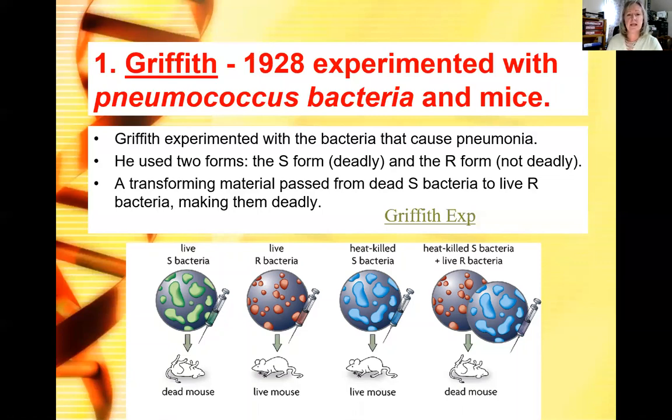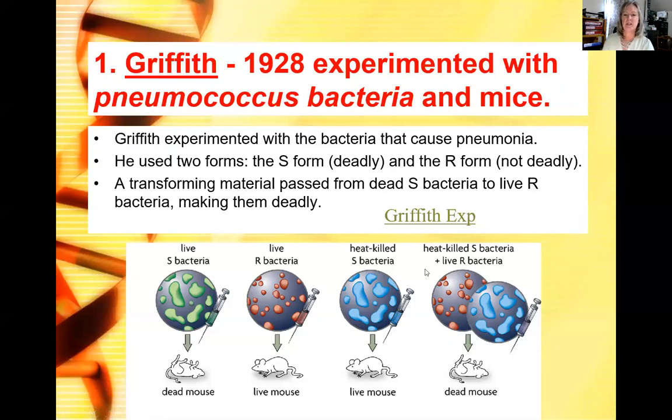So to prove that, he took this S bacteria that was deadly. He heat killed it. He injected it into the little mouse, and the mouse didn't die. But then the idea was, okay, now I've got this harmless bacteria here. Let's mix it with this living harmless bacteria.